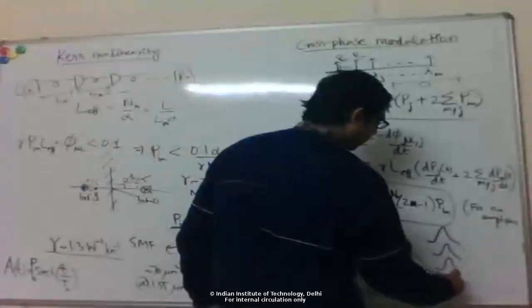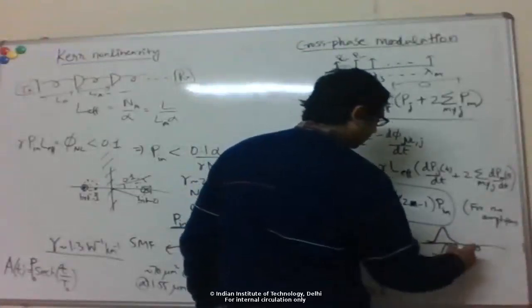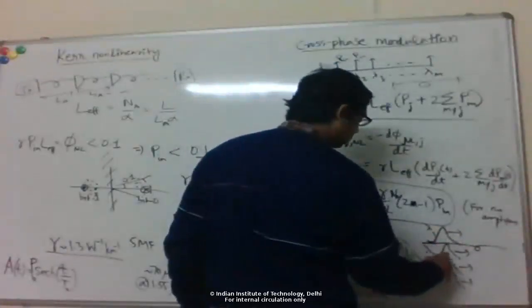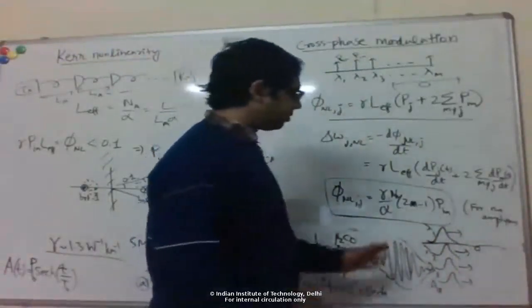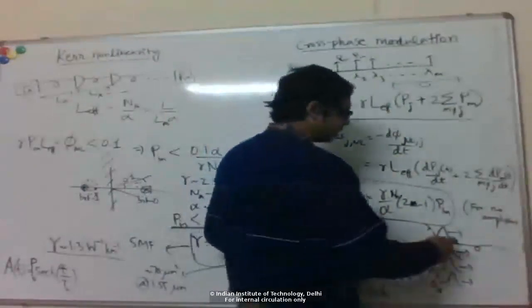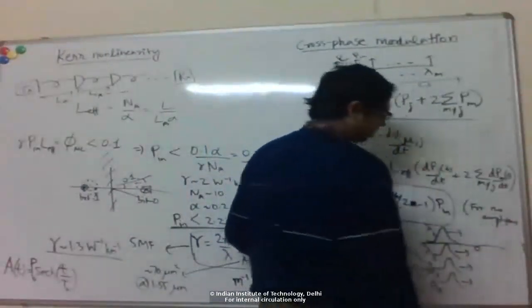This is for when all the different channels are overlapped. You have these pulses at lambda 1, lambda 2, lambda 3, lambda 4. Even if at the input they are launched together, we are assuming that they stay overlapped all through the fiber.